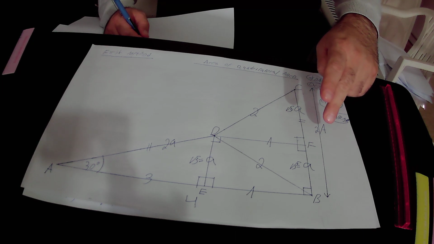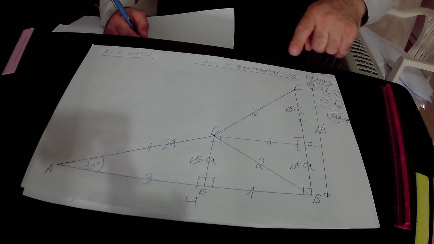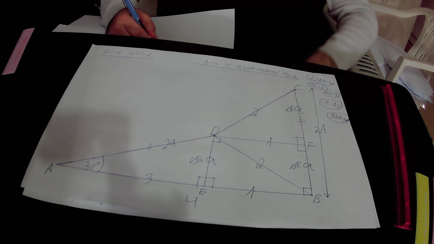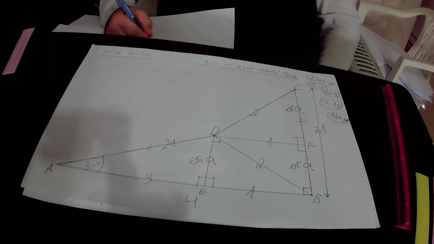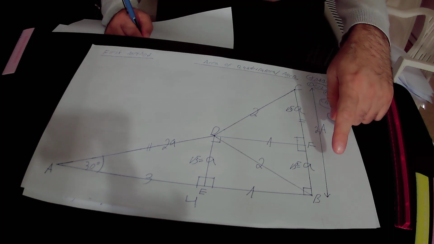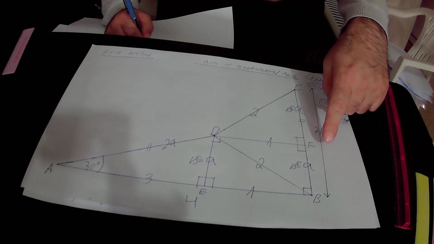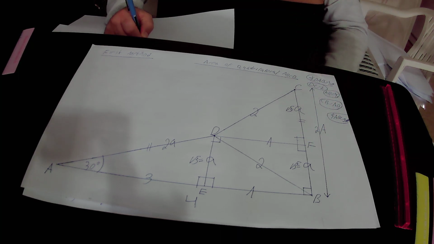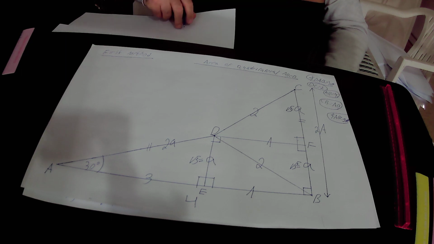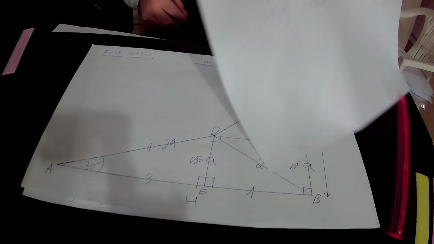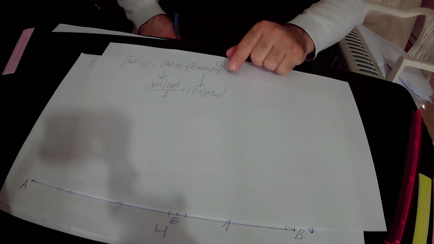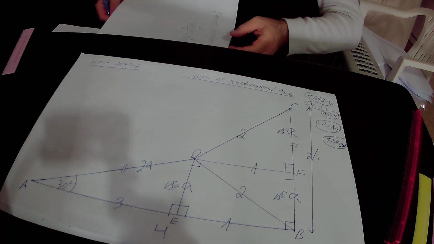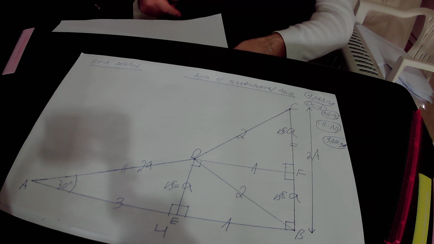The width is EB, and the length is BF. So the area of rectangle EBDF equals EB times BF.